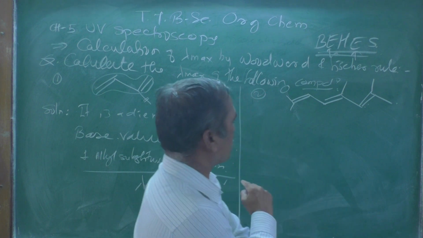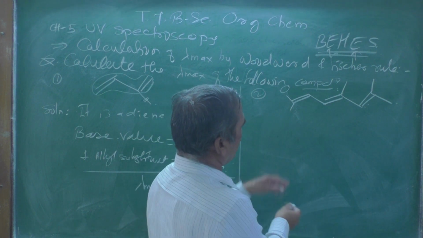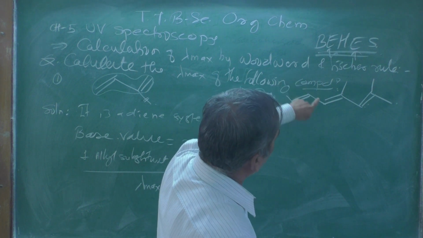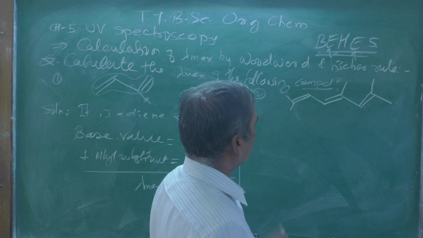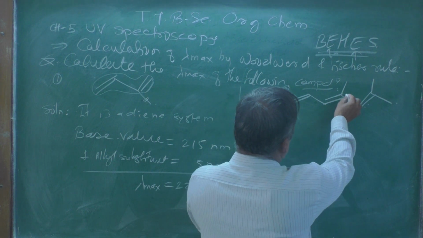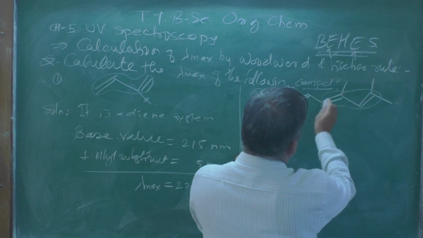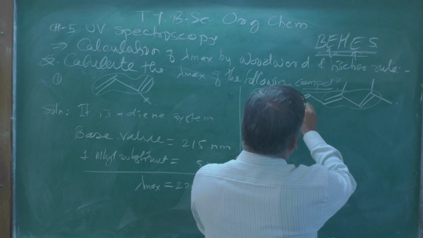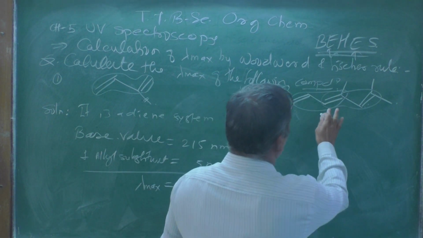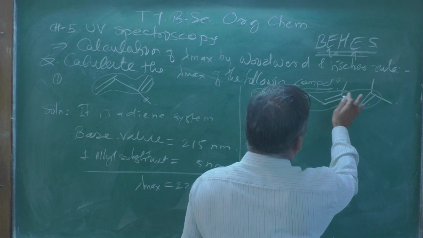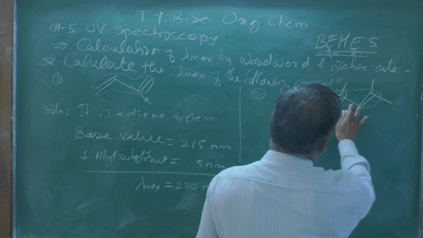Look at here: carbon-carbon double bond, single bond, double bond, single bond, double bond. You can circle either this one as the diene system, or circle like this. So only one you can circle. Suppose you circle this one, so this is a diene system.